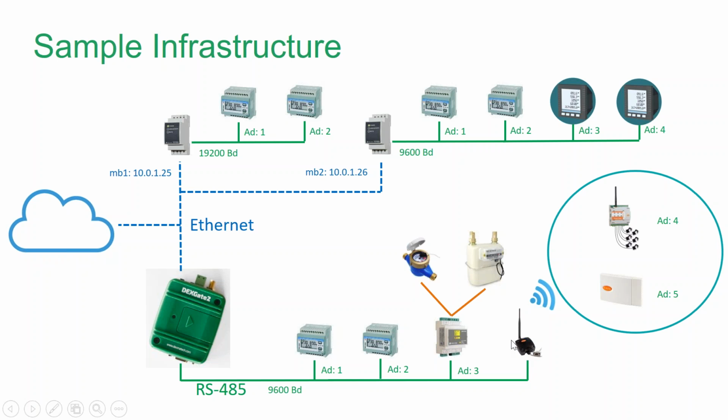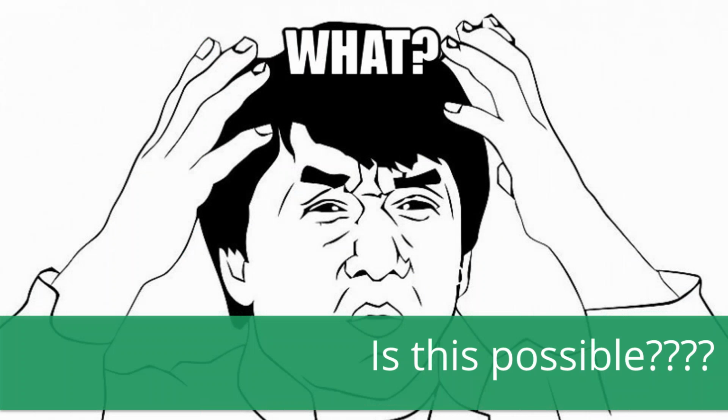This is a Zigbee to RS-485 gateway. So think of gateway, a very used word, but it means different devices. So how to configure all these? Is this possible? Yes, it is possible, and it is easy. We will look at it.